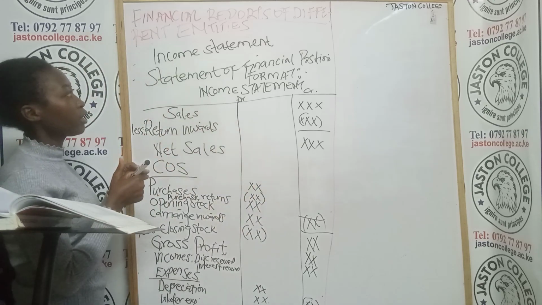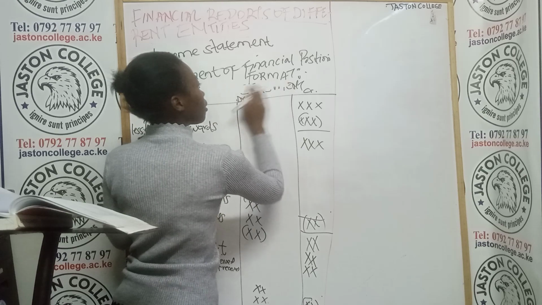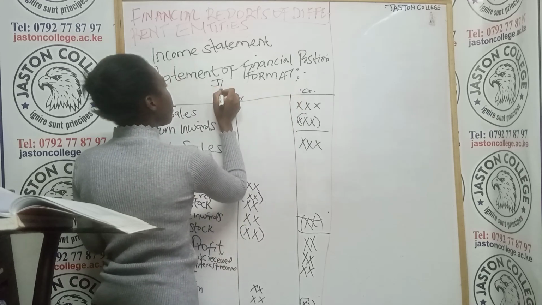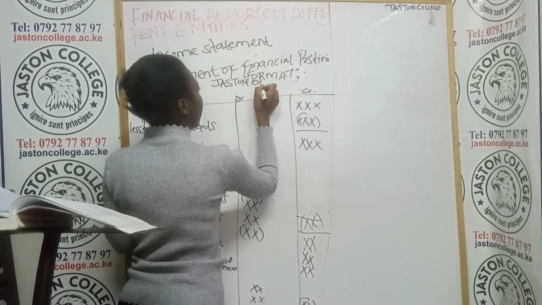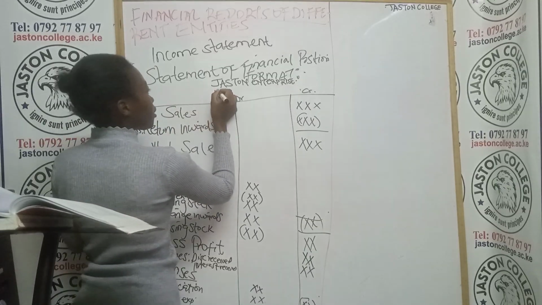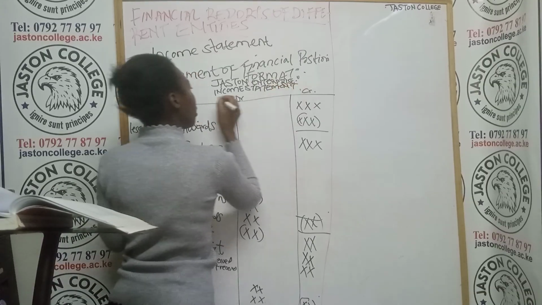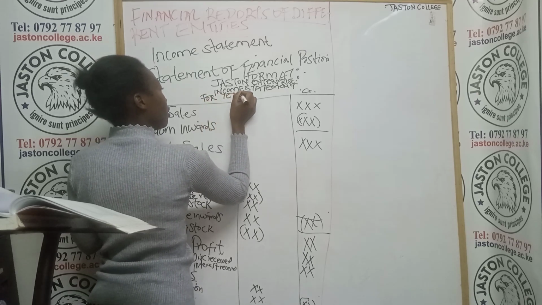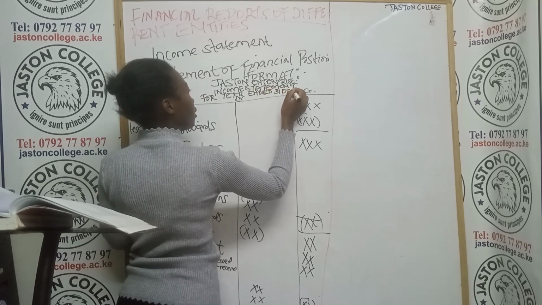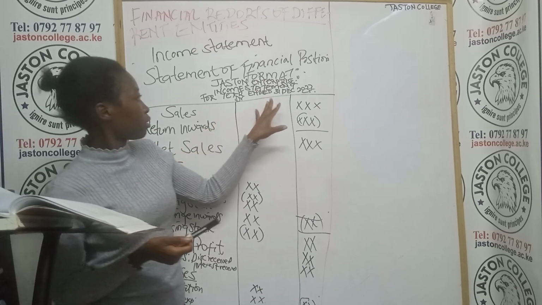Let's say we have JASTON Enterprise, income statement for the year ended 31st December 2022. So this will be our heading.